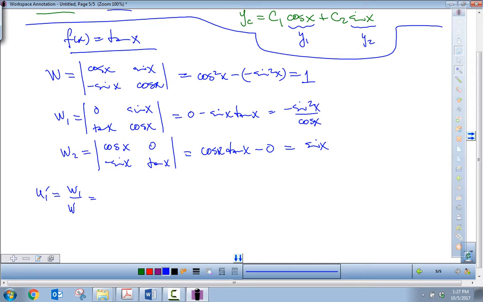That would be good, and then the other one will be secant or something. So anyways, the 1 over 1 is good news, so we don't have to mess with that too much. We have negative, the sine squared is 1 minus cosine squared over cosine x. So what do we got? We got a negative secant x minus one of the cosines cancel, cosine x.